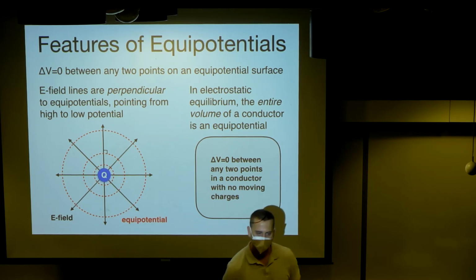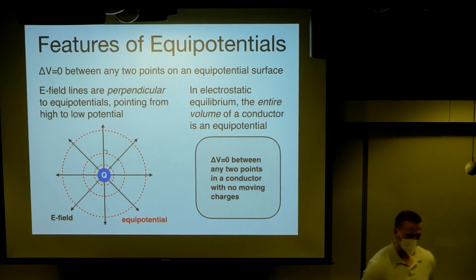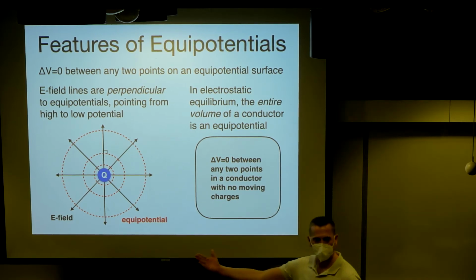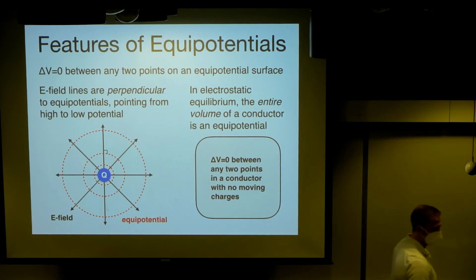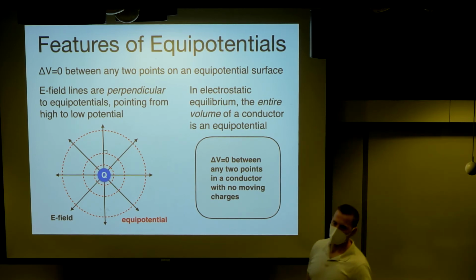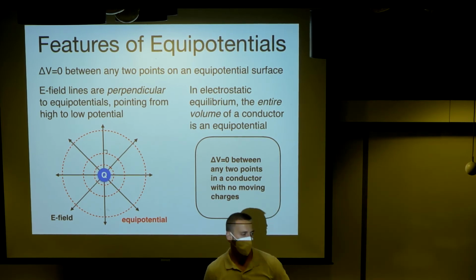We saw that in the example I gave you before, where in the X direction, the value of potential was decreasing. The E field was pointing in that direction of decreasing potential. So E fields point from high to low values of electric potential. Another thing that we'll see is that E field lines are always perpendicular to equipotentials. All right, let's really try to think about why that's the case, okay?